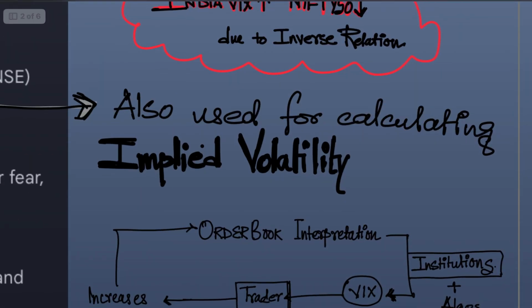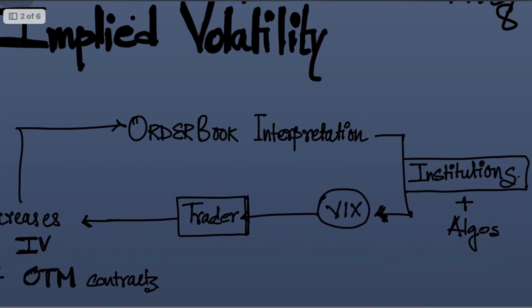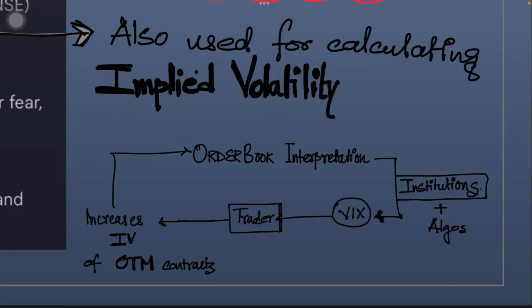But for us to understand how the entire game of volatility goes on, we should be looking at the order book. So let us understand how the volatility cycle goes on.